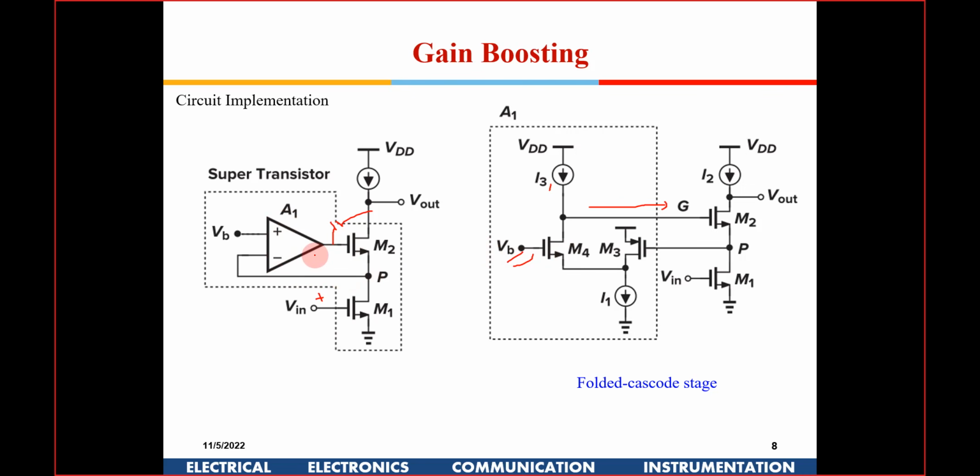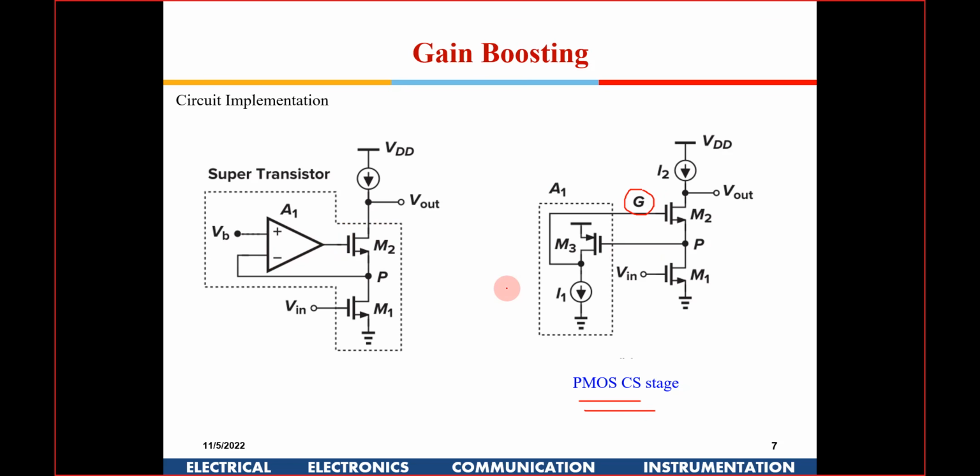Correct. This is an op amp, right? A1 is an op amp. But it need not be an op amp also. It could be a single stage. It can be implemented like this also, single stage with feedback, like it has been done here.